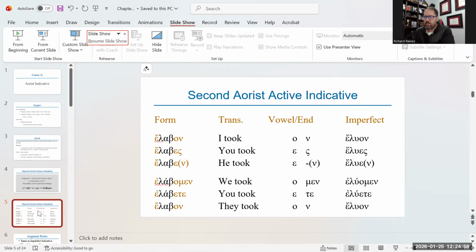I always skip over the introductory sections for you, but in these introductory sections, he gives quite a bit of anecdotal information. And you're going to be learning second aorist active indicative, and you're going to be learning second aorist middle in this lesson. And you're going to translate them the same, but the active and the middle are not the same.